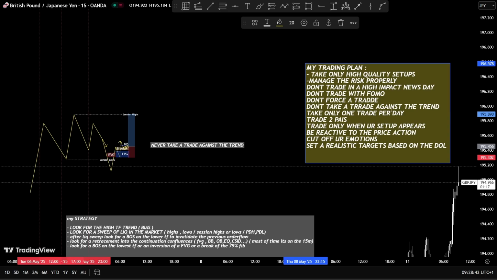Set it on realistic targets, based on something actually solid in the market, like a session high, a 4-hour high, a daily high, equal highs, or equal lows, like you know how to set your draws on liquidity, bro. Your TP and stop loss is going to decide whether you're going to win this trade or not, because most of the time price could reverse from an area and never hit your TP or stop loss. So you need to be reactive and adaptive, and you need to know where to put your stop loss and TP.